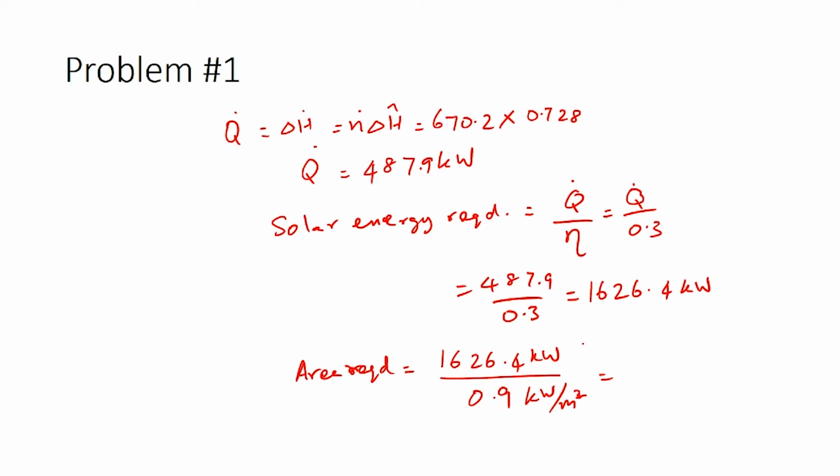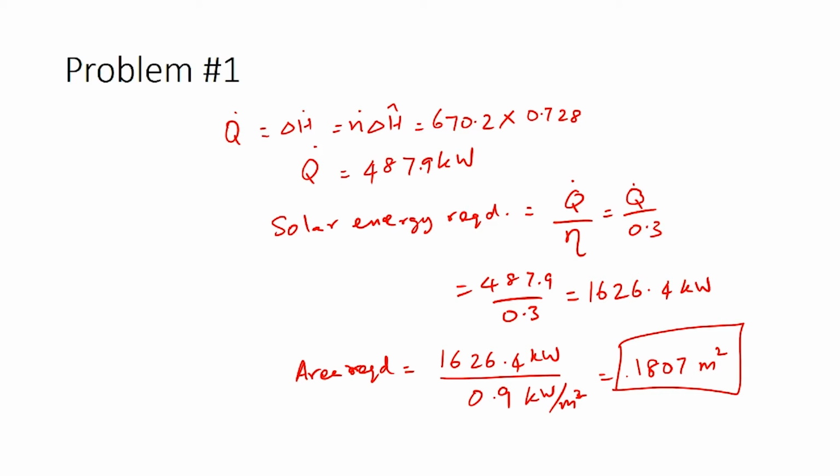This would give us the area required as 1807 meter squared. So, we would require 1807 meter squared of solar panels for the given problem, so that we can heat air from 30 degrees Celsius to 55 degrees Celsius.